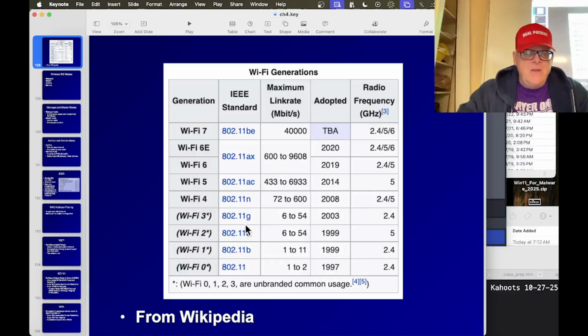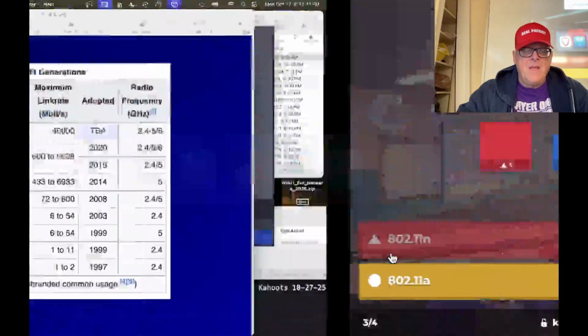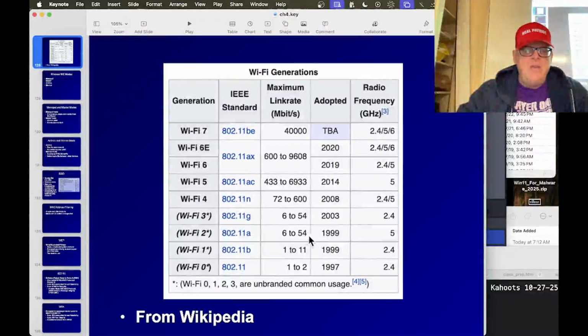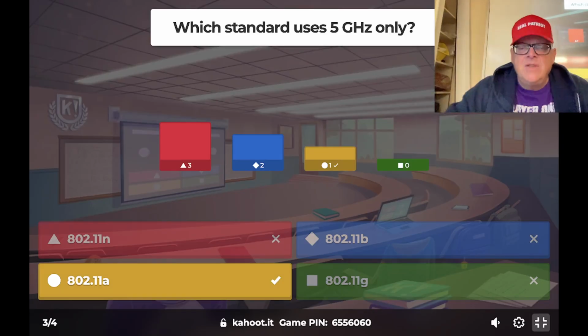Yeah, G uses both. No, G is 2.4. Oh, that's right. A uses 5 only. Okay, G was 2.4. And N was both. Okay, fair enough. So I think it's right. All right, that's A.